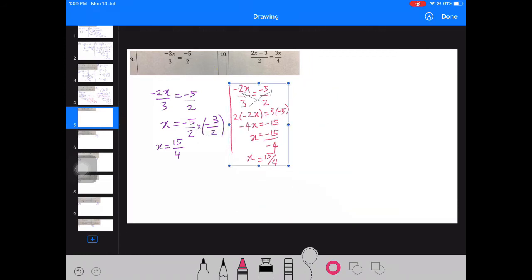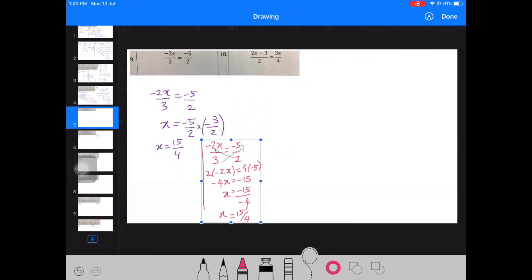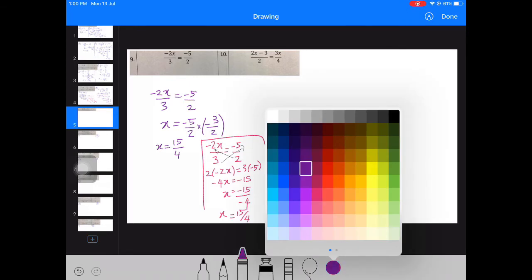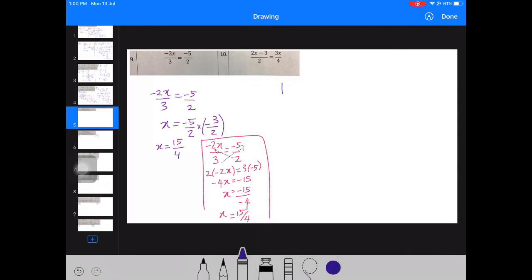Okay, now we can do question number 10. Okay, question number 10, we have 2x minus 3 over 2 equals to 3x over 4.